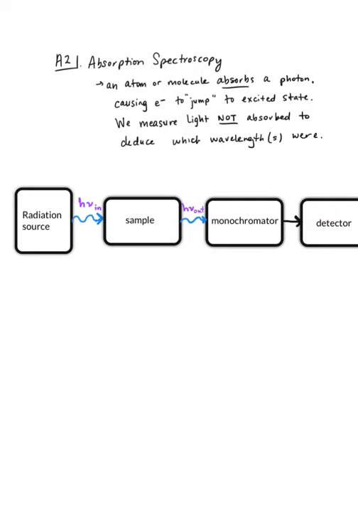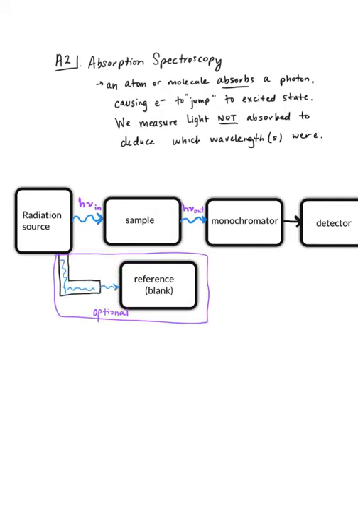It's possible to modify this schematic slightly to show our radiation source simultaneously influencing both a sample and a blank, or a material that contains just the matrix that our analyte is in. A schematic for an instrument that analyzes a sample and a reference, blank cell simultaneously is shown here.